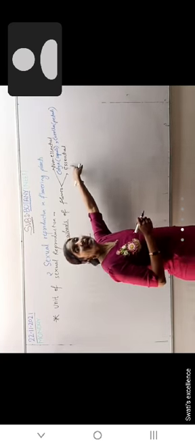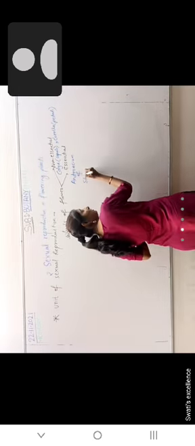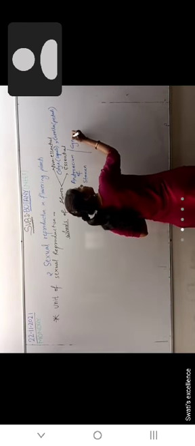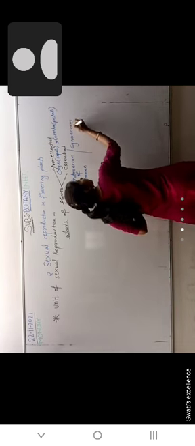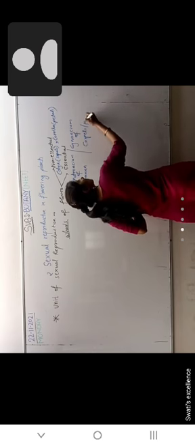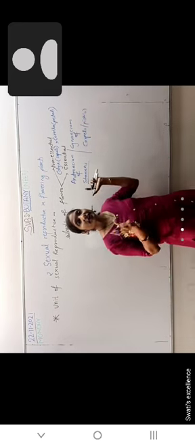Then talking about essential whorls, that is androecium of stamens and gynoecium of carpels or pistils, right? The group of stamens is called androecium.